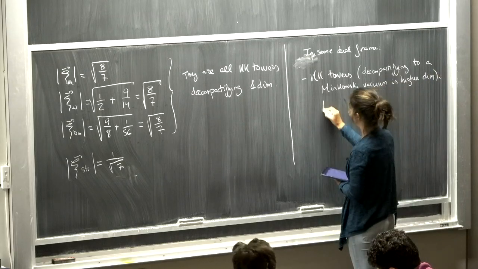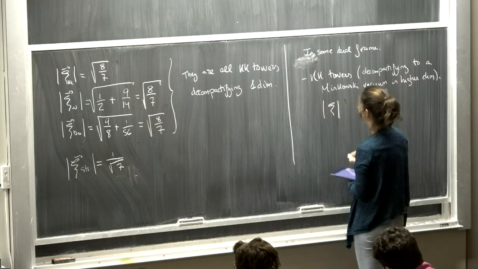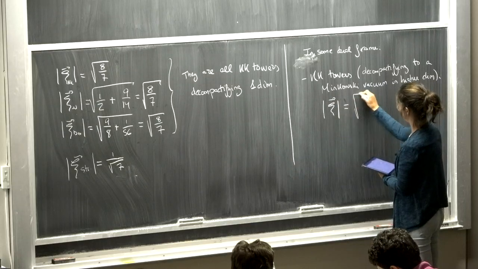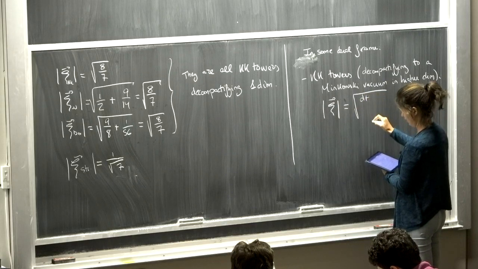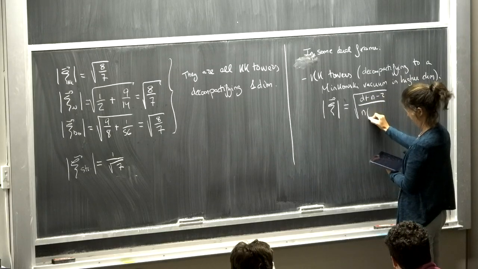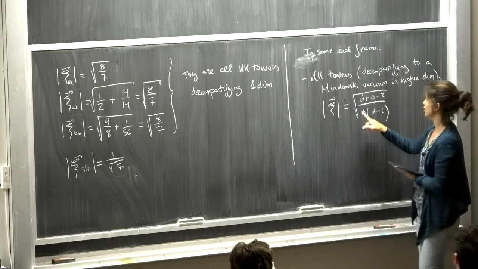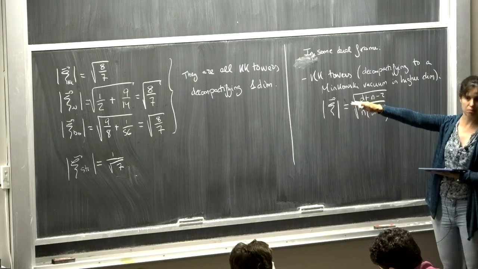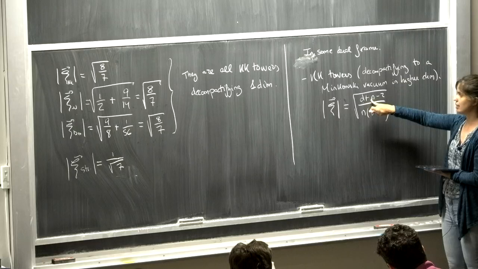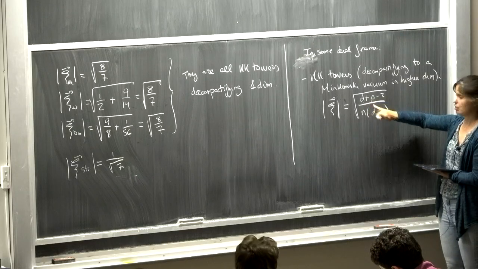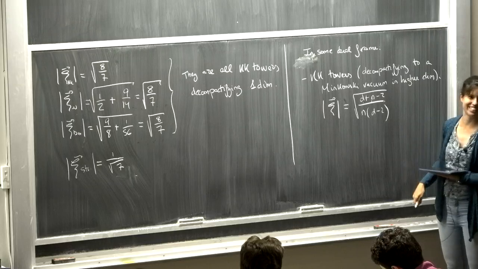Then the modulus of this vector is always given by the factor I gave you yesterday, which is square root of (d plus n minus 2) over (d minus 2), where d is the dimension of the space-time that we started with, n is the number of compact dimensions that we decompactify, and 2 is 2.